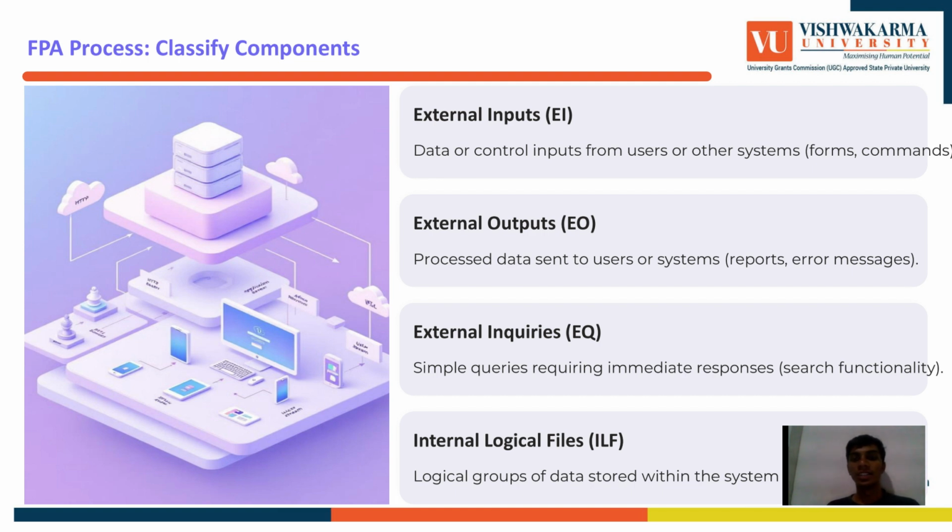Internal logical files. Databases the system maintains, like a file of student records. External interface files. Databases maintained by other systems but used by your application. Think of it like accessing a central student information system managed by another department. Getting this classification right is super important because it drives the entire complexity and estimation process.